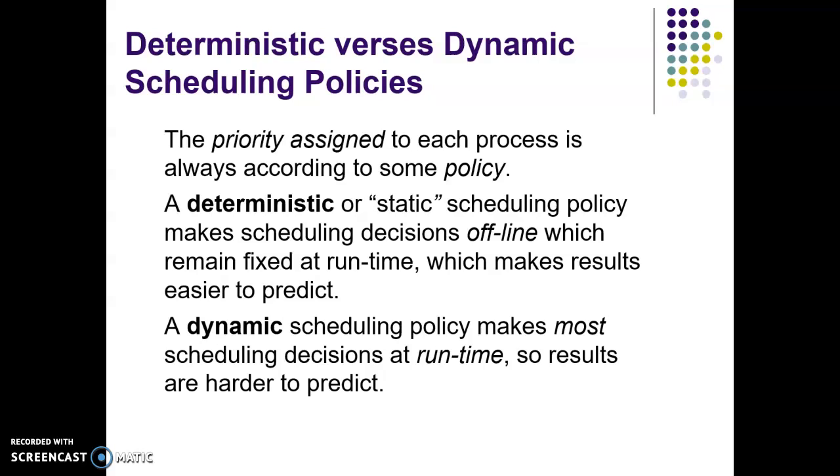A dynamic scheduling policy makes most of the scheduling decisions at runtime, so results are harder to predict. Of course, things like what the deadline must be are decided ahead of time, but which job actually runs at any given point in time is decided dynamically.